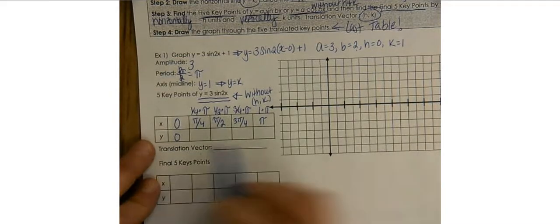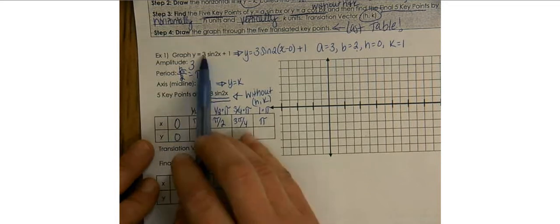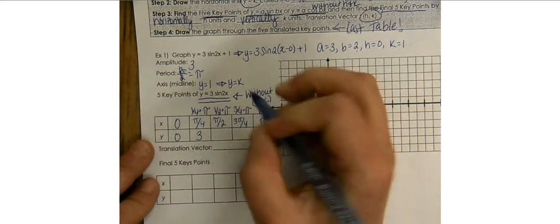With respect to my y values, they are always based on my amplitude. And my amplitude represents my maximum value and the opposite of my amplitude represents my minimum value. So with sine, we're going to go 0, up to 3, back to 0, then down to -3, and then back up to 0.